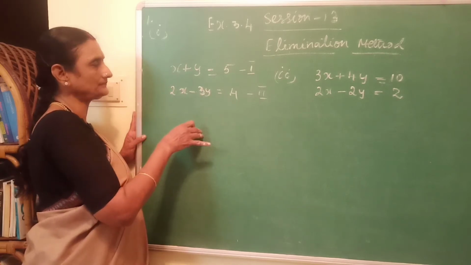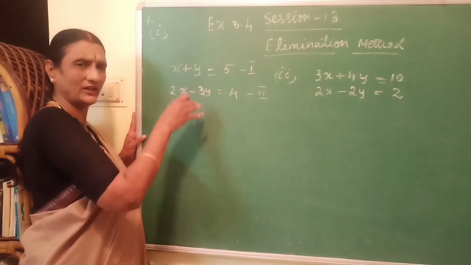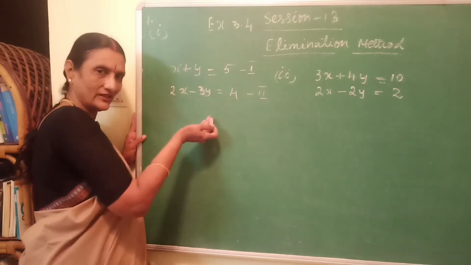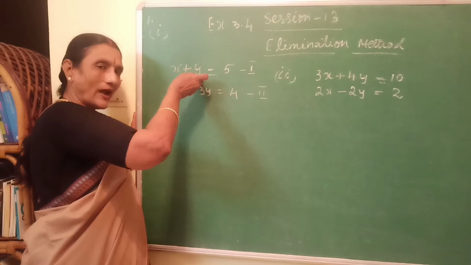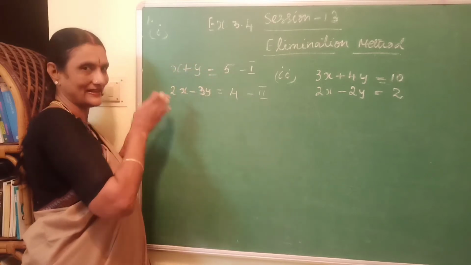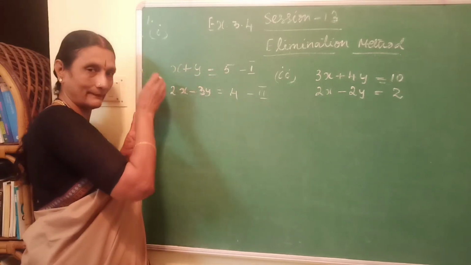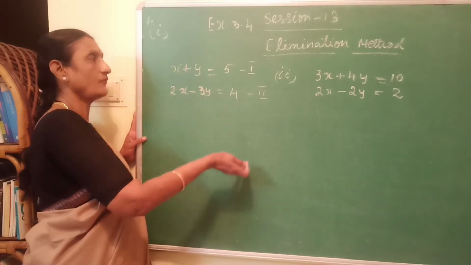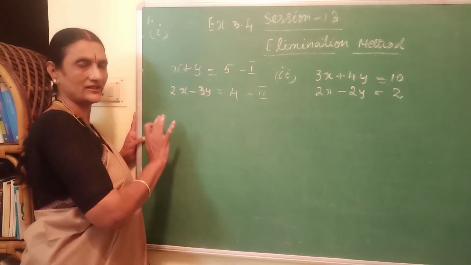While doing so, we will get an equation in one variable. If we remove x, we get an equation in y. If we remove y, we will get an equation in x.